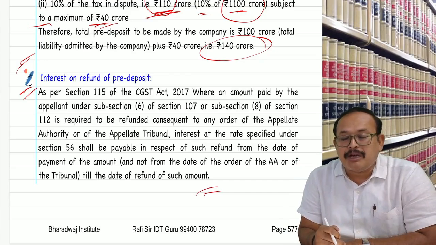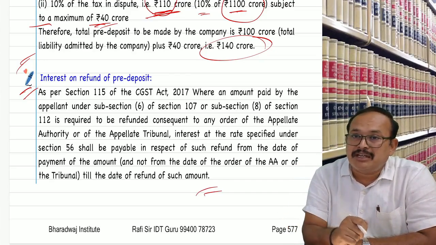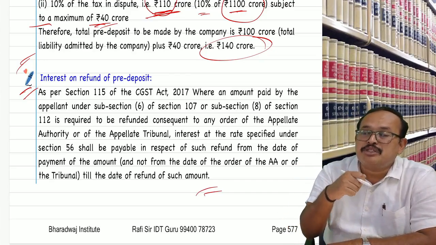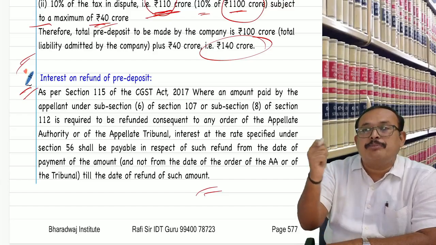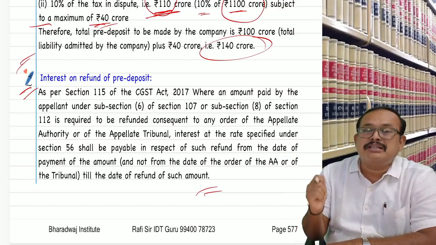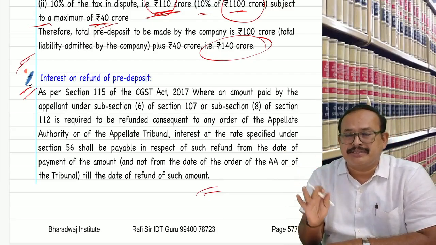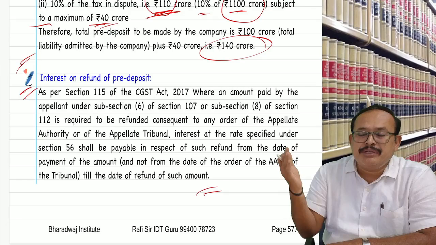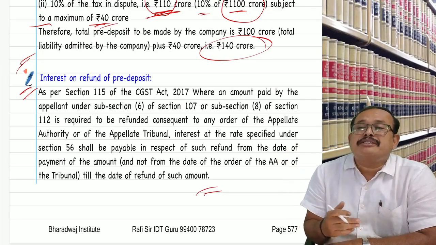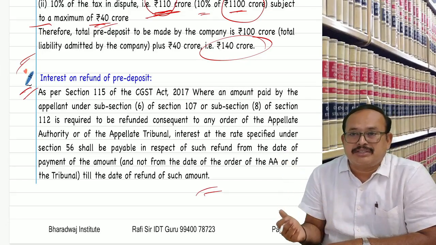If the order is passed by the assistant commissioner or deputy commissioner, that matter can be challenged in the commissioner appeals office. There also 10% of the tax dispute is a pre-deposit. That should not go beyond 40 crores of the total tax.